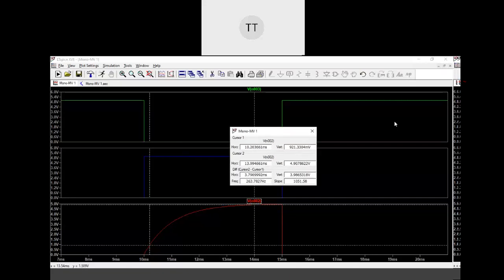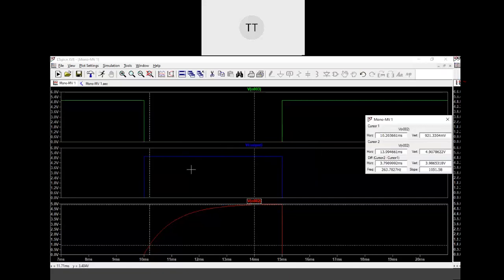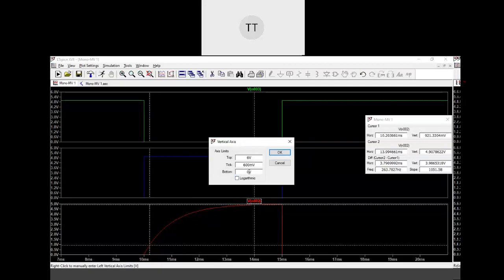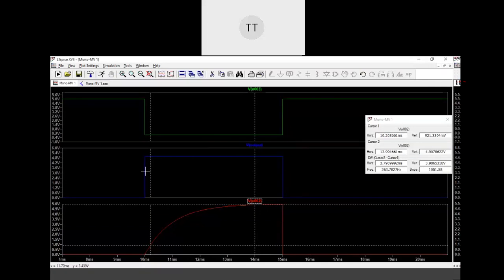Interestingly, you can see the output going high for the entire off period. As long as this is 0, is your output high?